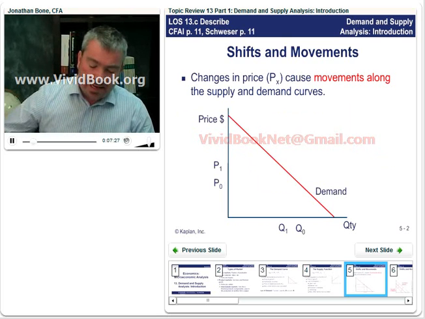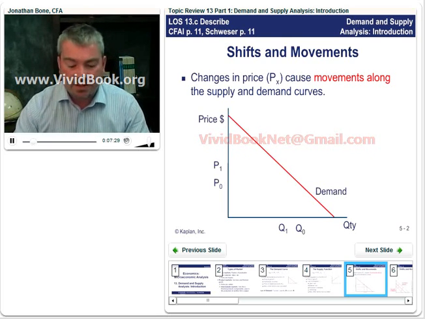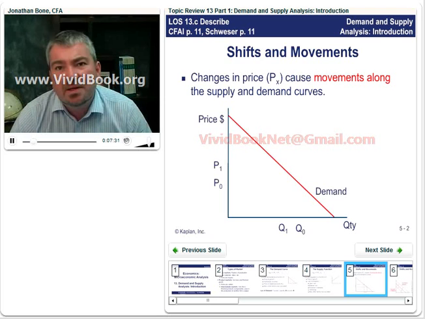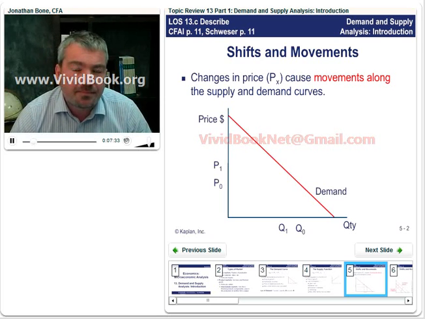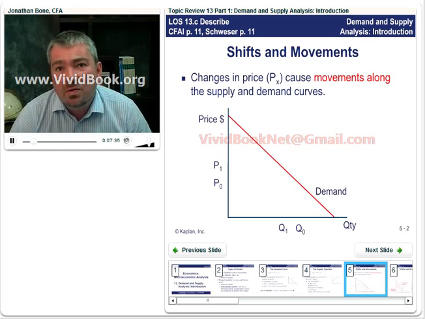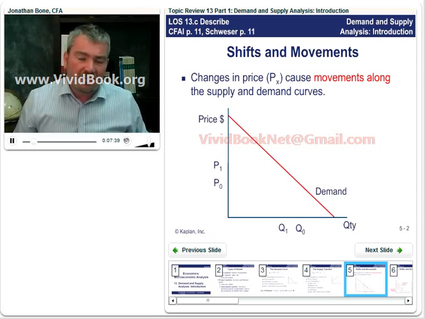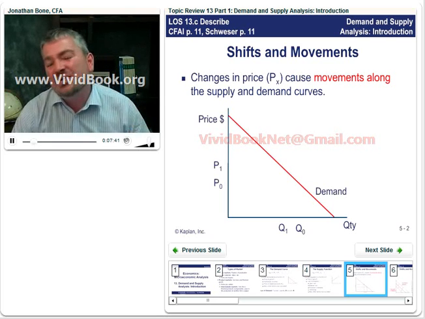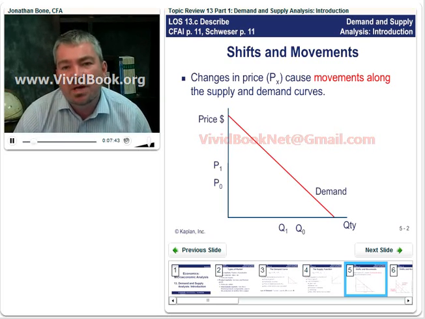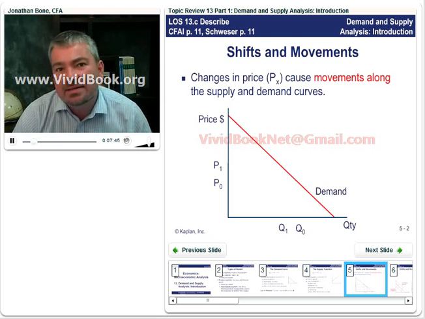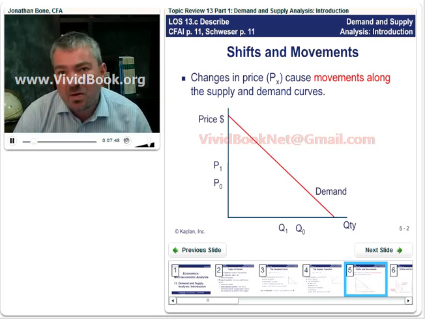Now, our next LOS asks us to describe shifts and movements along the demand curve, and also movements in the demand curve. Okay, let's start with this first of all. Let's look at our endogenous factors, which of course are price. The idea is, of course, as price changes, quantity changes.